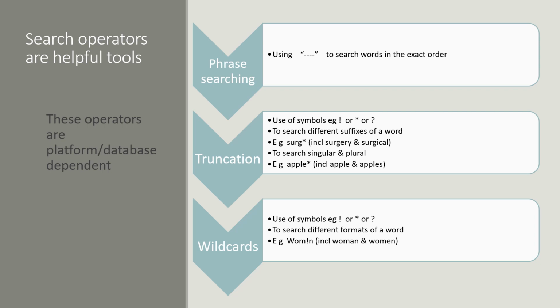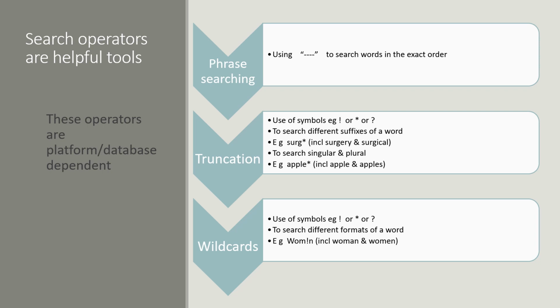Other helpful search operators are available. For example, searching words between quotation marks is a general method of searching phrases. The words between the quotation marks have to be in that exact following order. The use of a truncation symbol can complete the basic stem of a word with all the different suffix possibilities.